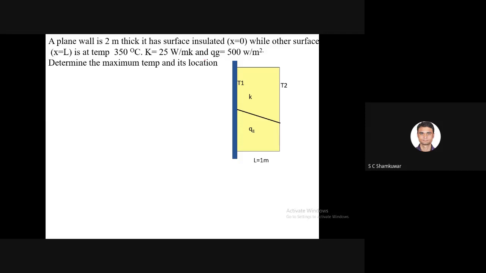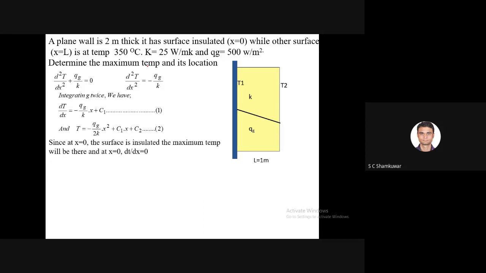Thermal conductivity and heat generation are given. Determine the maximum temperature and its location. Can you tell?